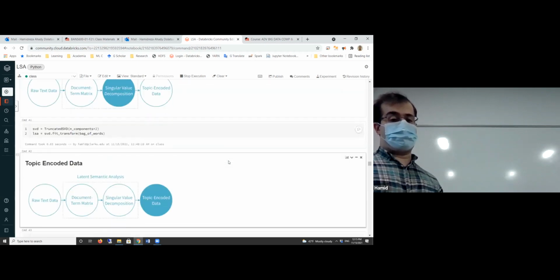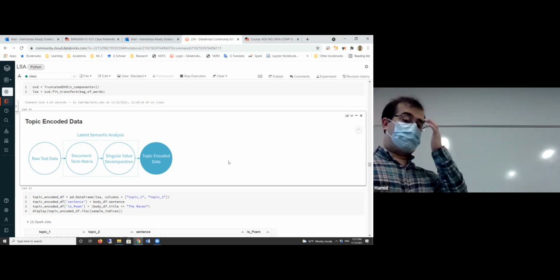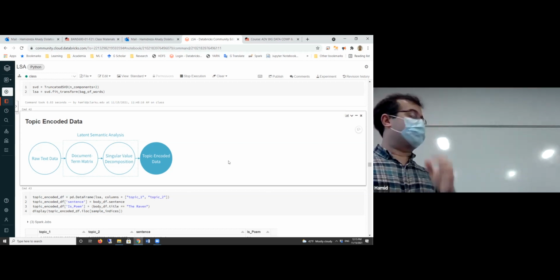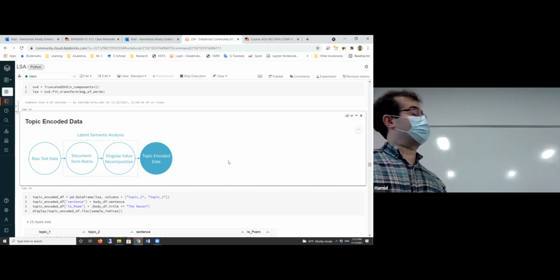What we want to do is use an SVD method which has 2 components or 2 variables, and see how it works. If we just use 2 components, could we have a good differentiation between sentences, or is having two components not good enough?